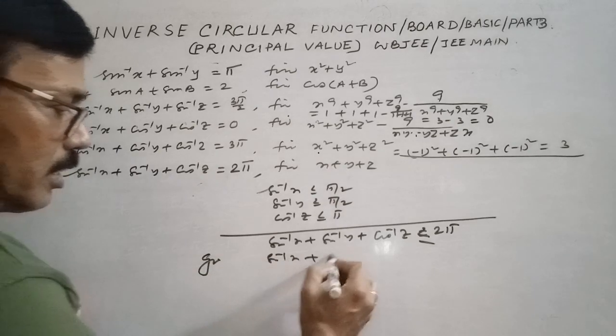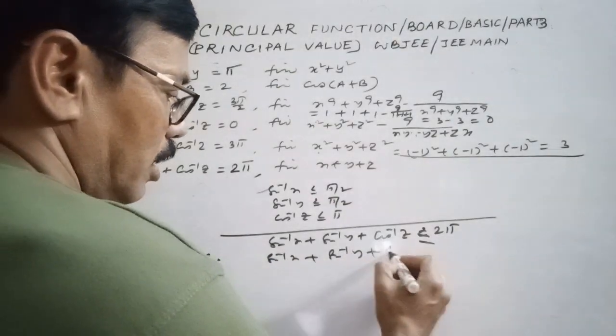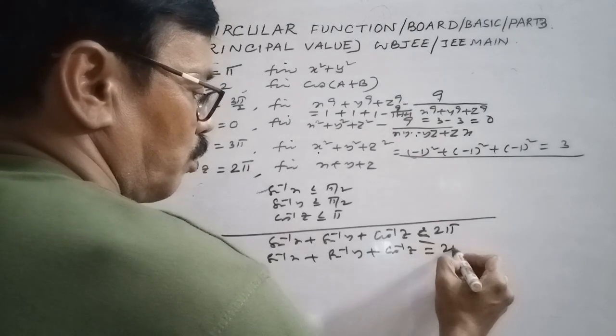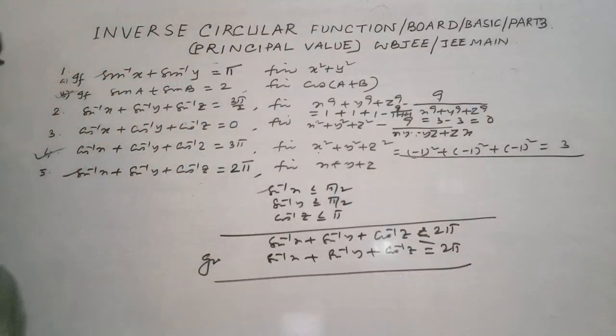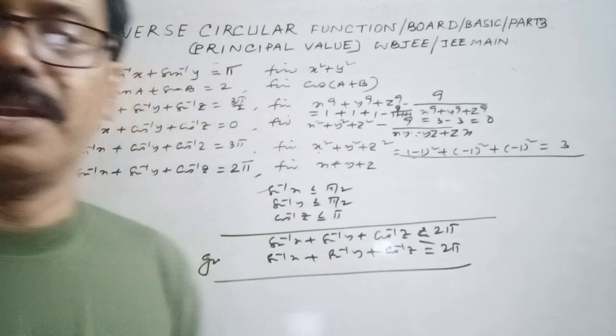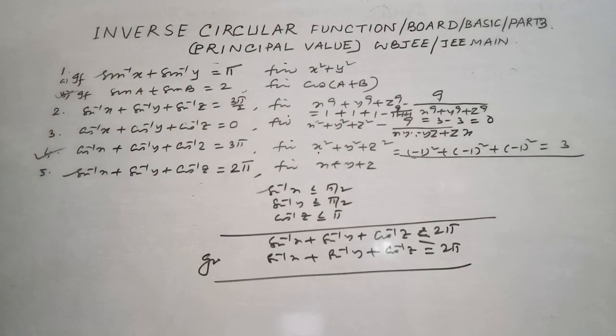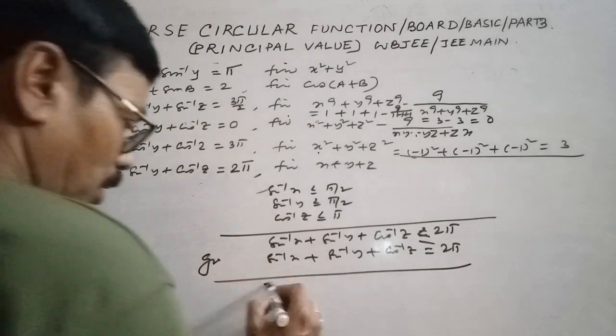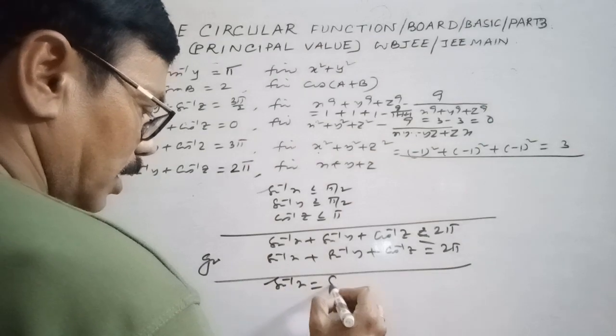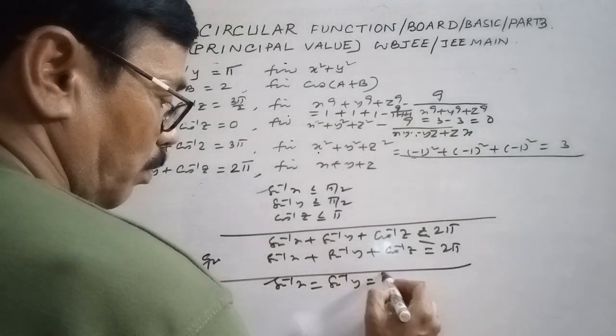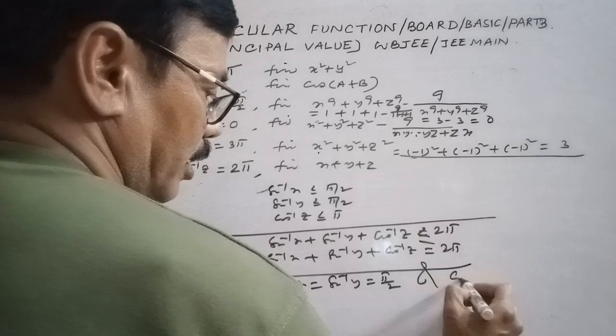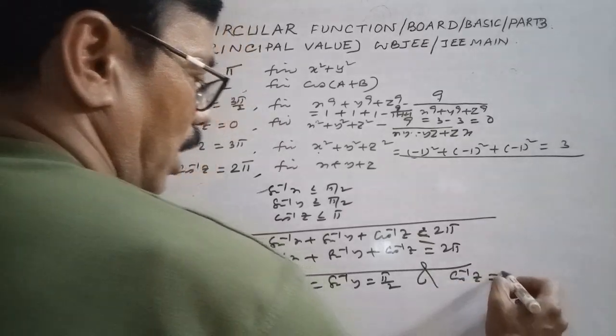Sin inverse x plus sin inverse y plus cos inverse z equals 2 pi. That is, the maximum value is given. So it is possible when sin inverse x equals sin inverse y equals pi by 2 and cos inverse z equals pi.